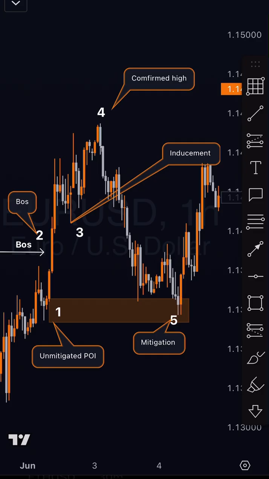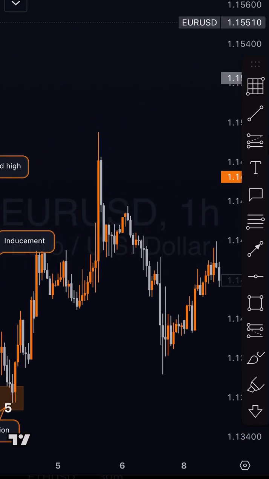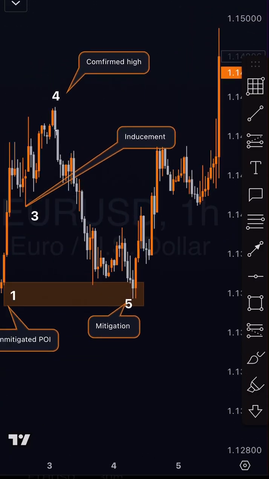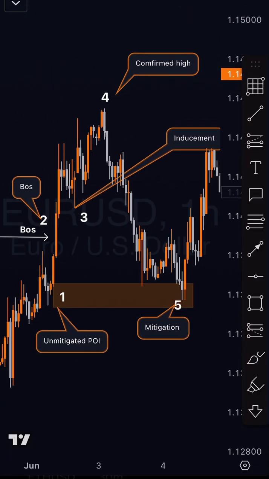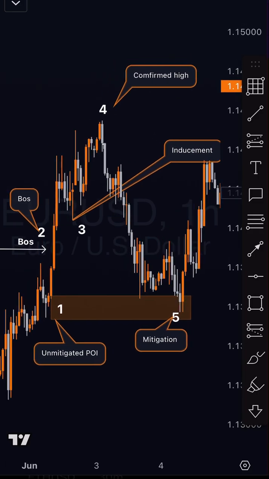Okay, so when I start, by the way, you have to look at the trend of the market, right? So as you can see, we're in a bullish market. The market is obviously buying right now. It's vice versa, guys. You can also use the same method in a bearish market.